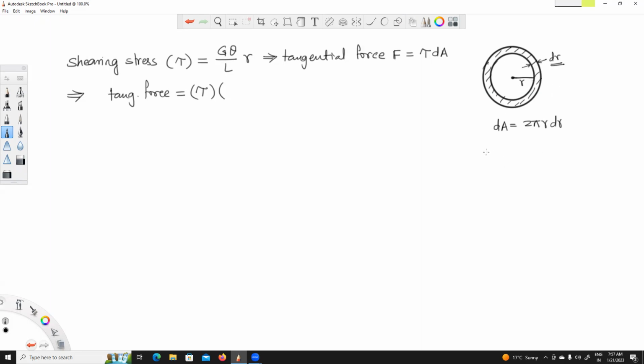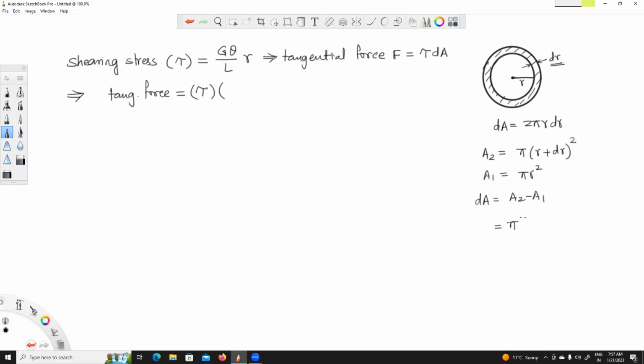Suppose A2 is the larger circle area, so it would be pi (r plus dr) whole squared, and A1 the smaller circle would be simply pi r squared. So dA, the change in area, is A2 minus A1.